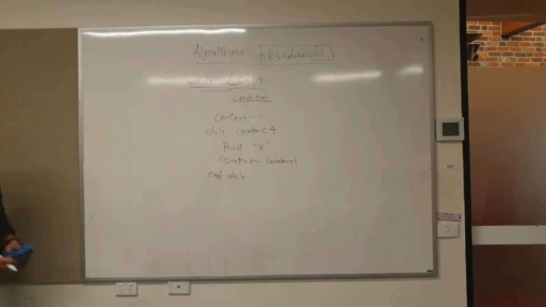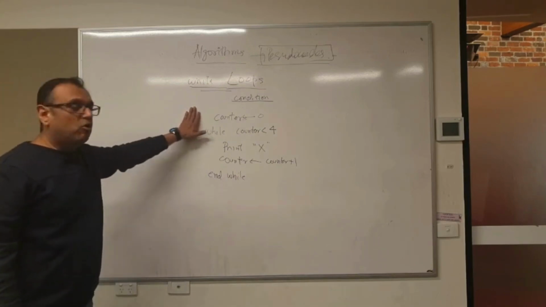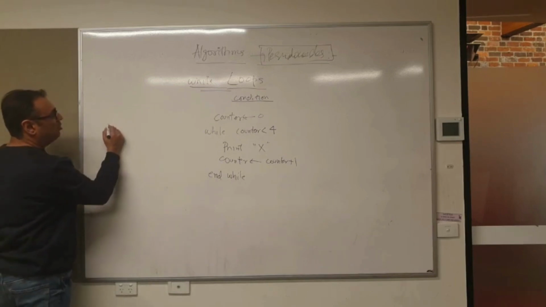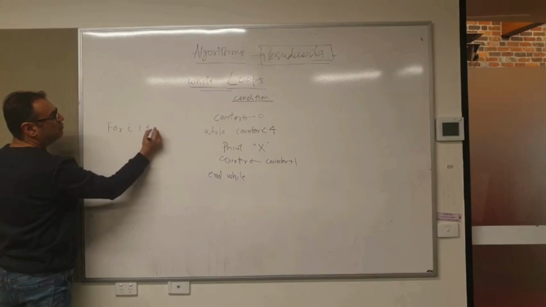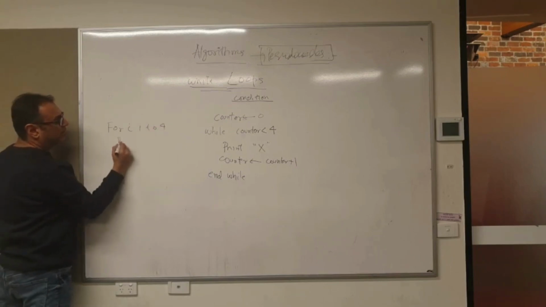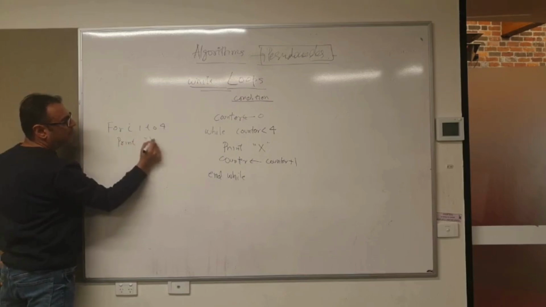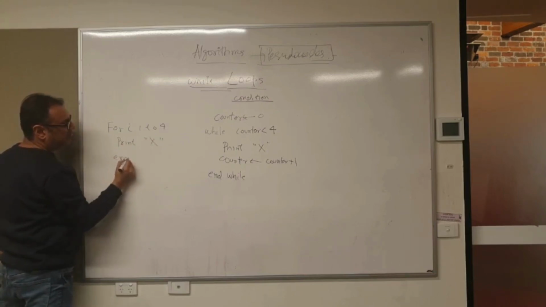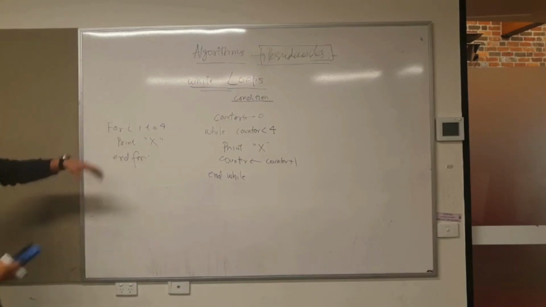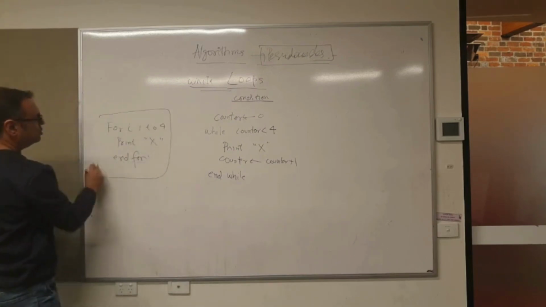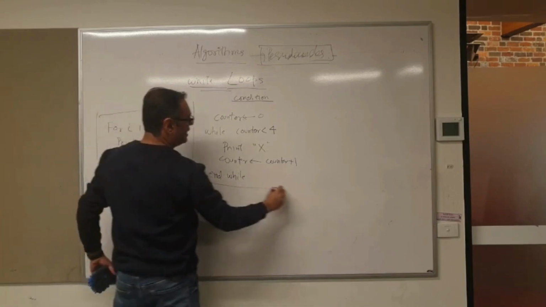Now you see the biggest difference from the for loop. If I write the same story with the for loop, I will say for I 1 to 4, print x, and I say end for. These two pseudocodes will exactly do the same thing.